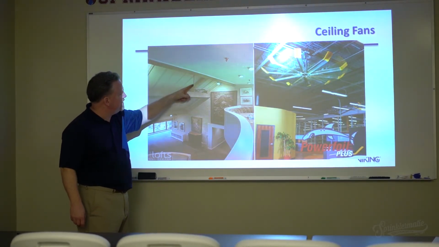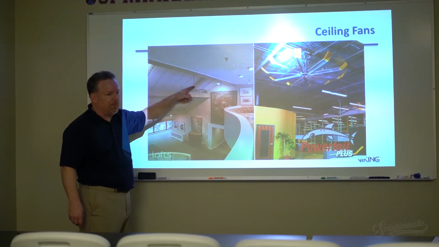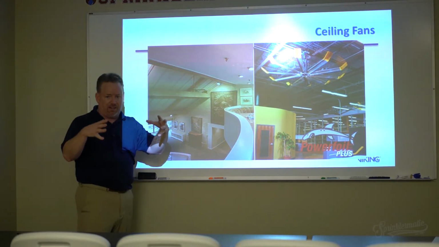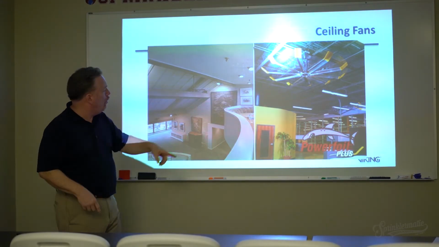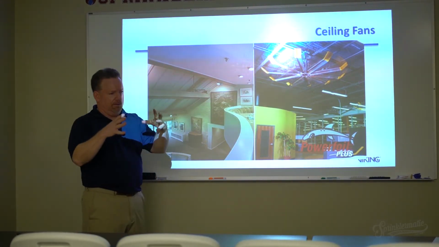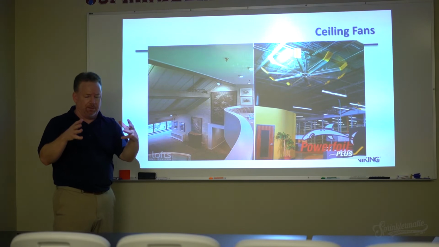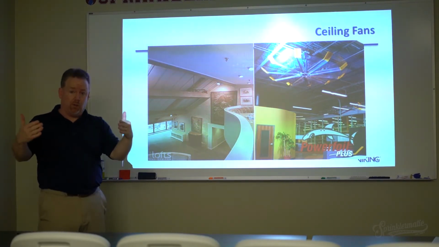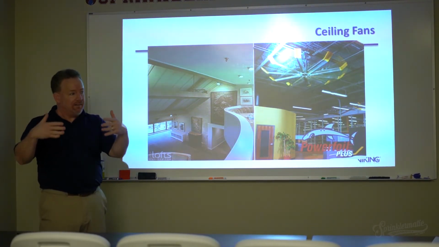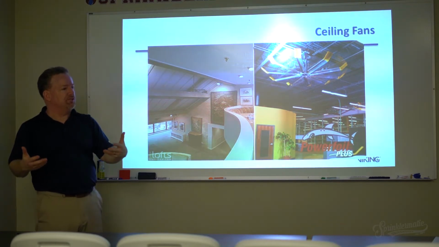Because it's not about this kind of connection right here, this post connection. It's the fan unit. That can be pretty big. Or it can be that the paddles themselves are so wide that they create an obstruction to the spray pattern.